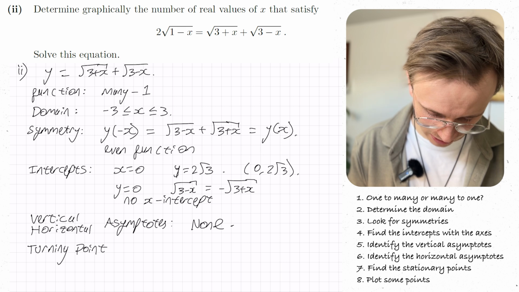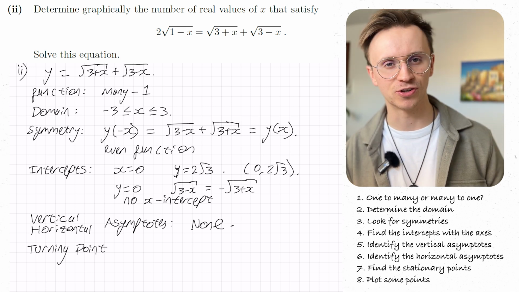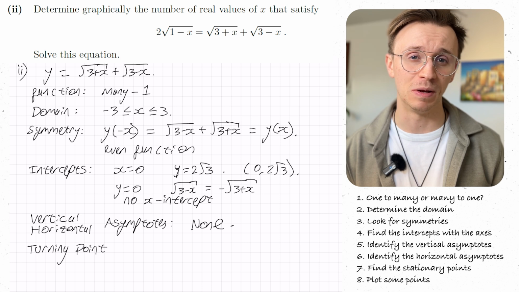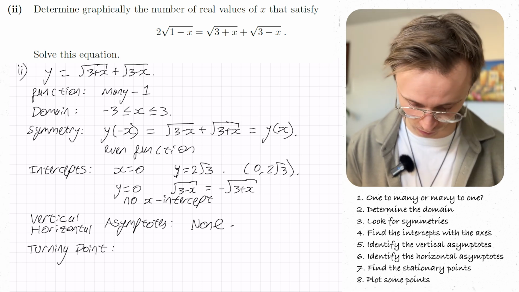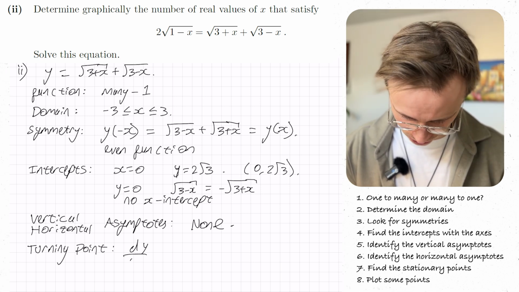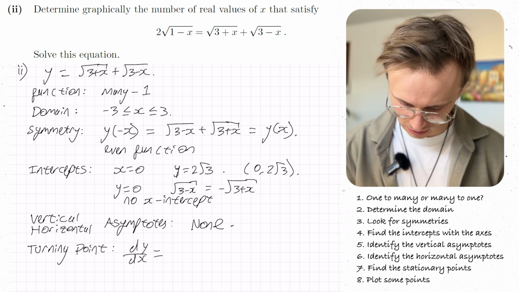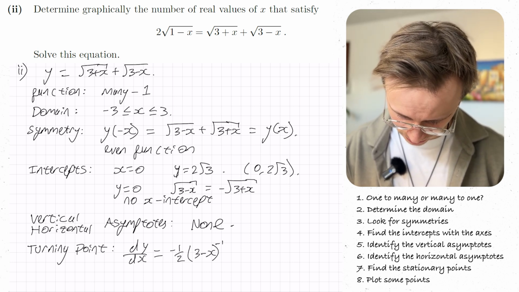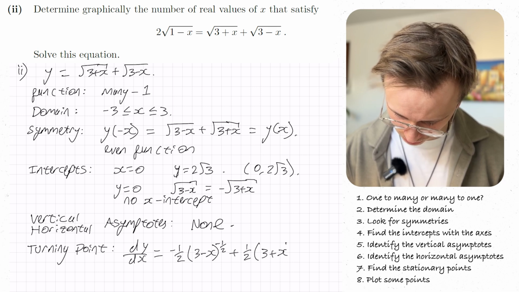And last but not least, the turning point. I can likely have a guess at where the turning point is going to be because of the symmetry. I assume the turning point is going to be at x equals 0, but we will prove it just to be sure. So dy by dx is equal to -1/2 (3 minus x)^(-1/2) plus 1/2 (3 plus x)^(-1/2).